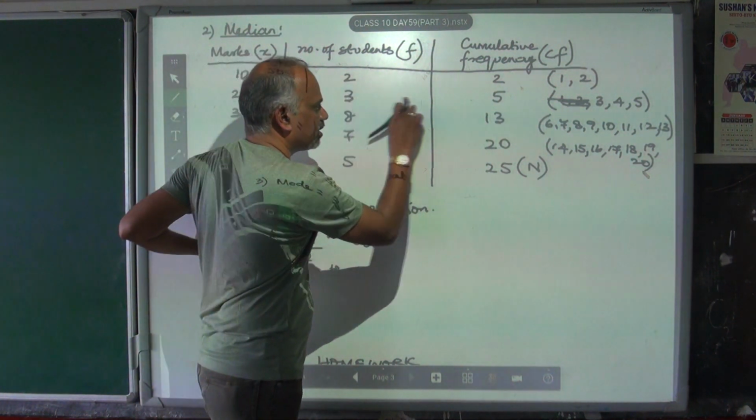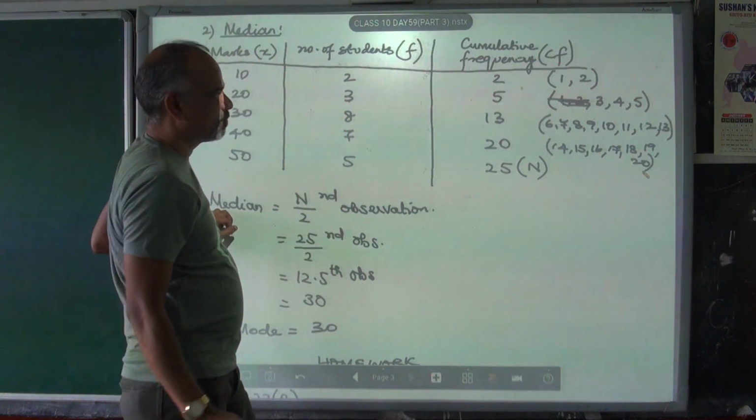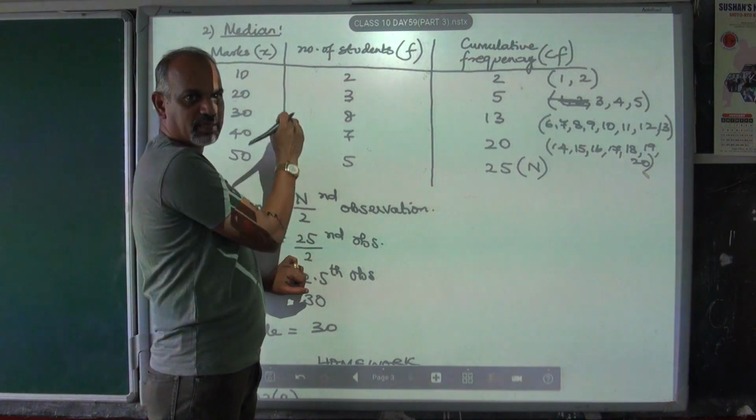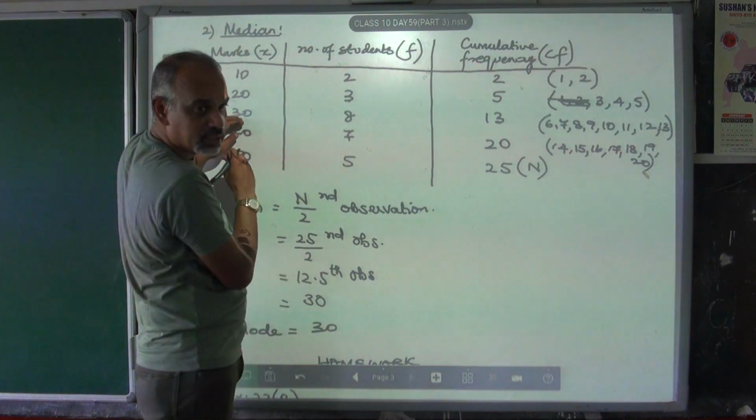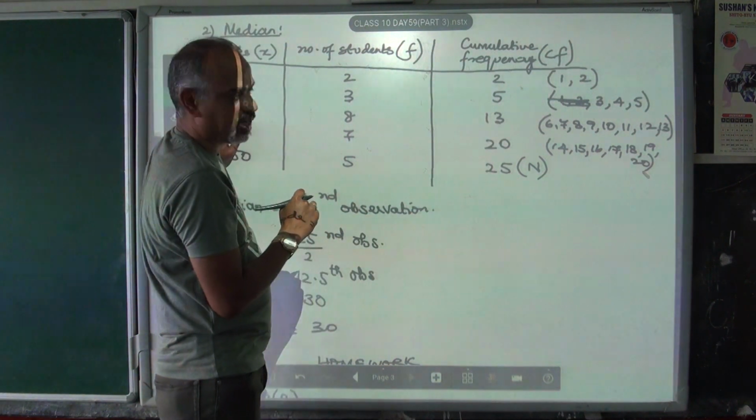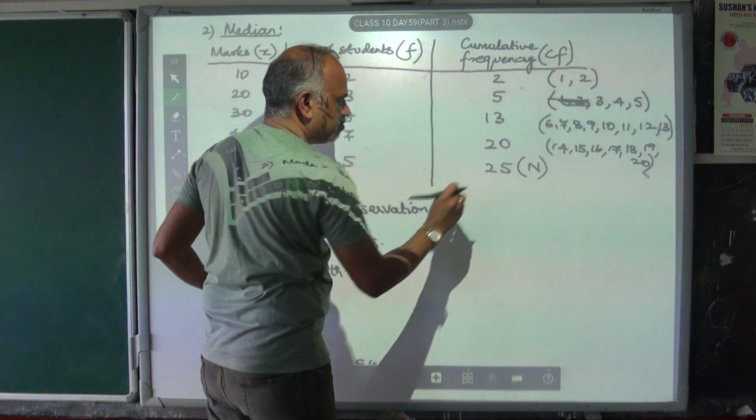That's why these 2 together make 5. There are 13 students who got 30 marks or less than 30 marks, which means all of them. If you add all the 3, that will give you 13. So this is what cumulative frequency means.